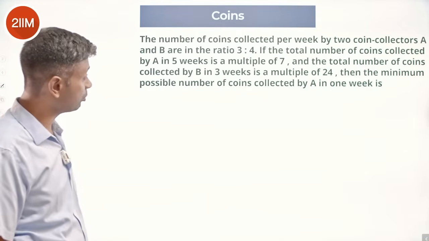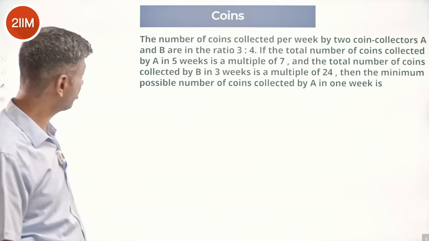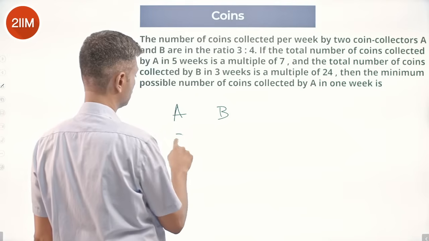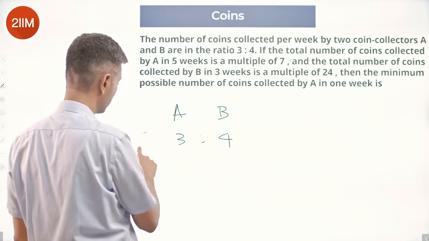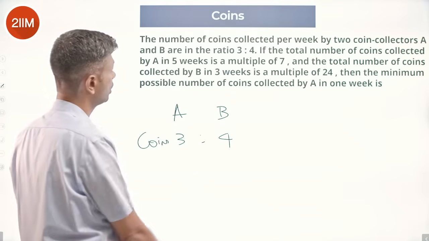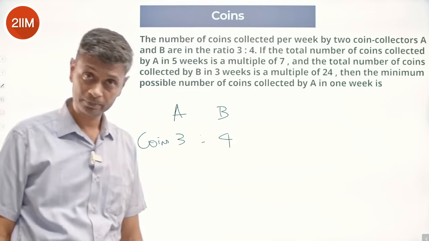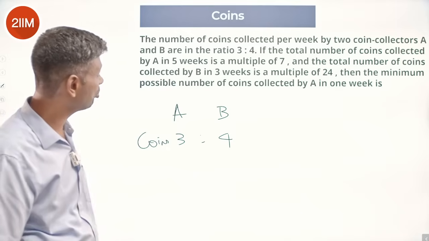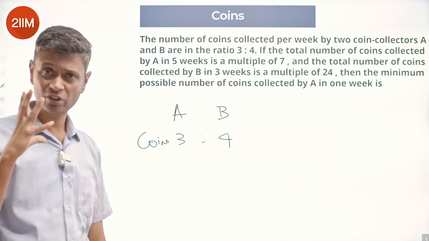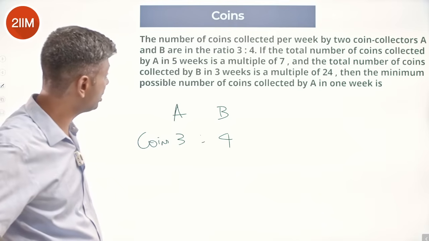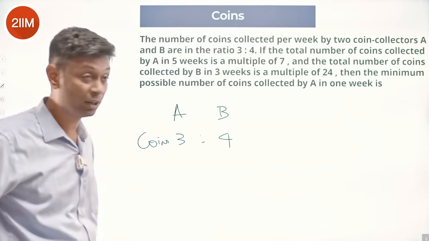The number of coins collected per week by 2 coin collectors A and B are in the ratio 3:4. So A and B 3:4 coins. The total number of coins collected by A in 5 weeks is a multiple of 7. So this is coins per week. 5 weeks is a multiple of 7. Then the total number of coins collected by B in 3 weeks is a multiple of 24.